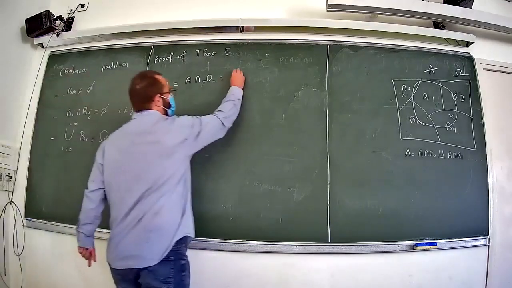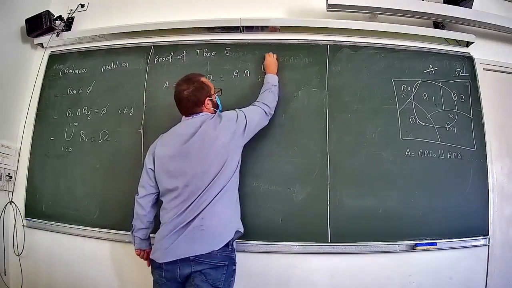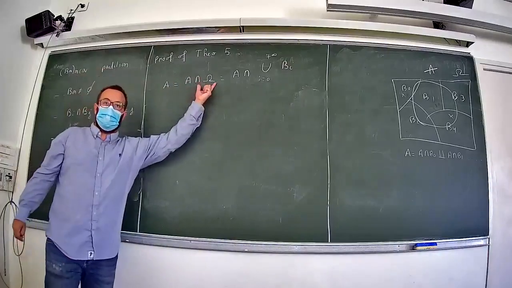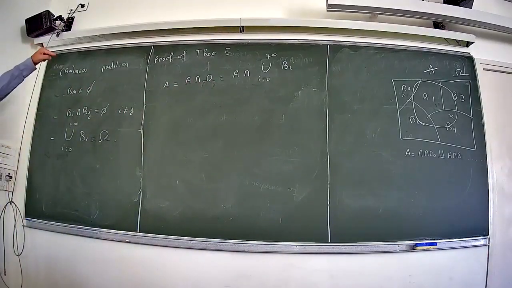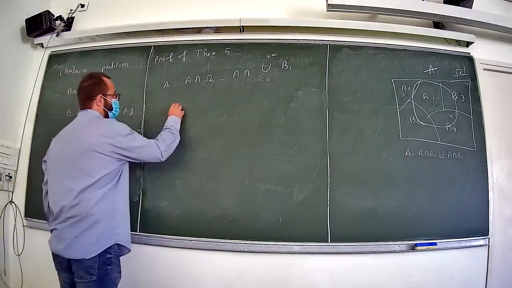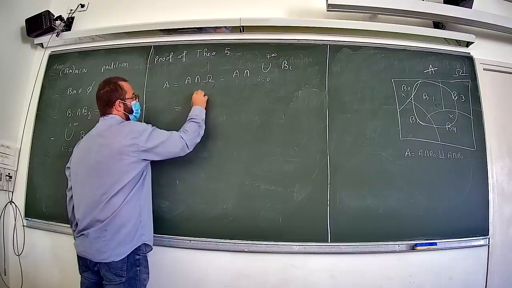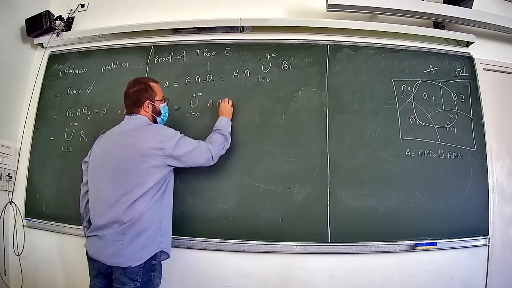So I can write A intersected with the union of all the Bi, because the union of all the Bi is equal to omega, by definition of a partition. Once again, we use the result of exercise 5 of list 3, which I can use without proving it. This way I have the union from i equal to 0 to plus infinity of A intersected with Bi.